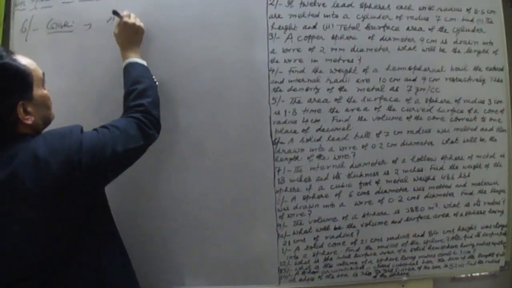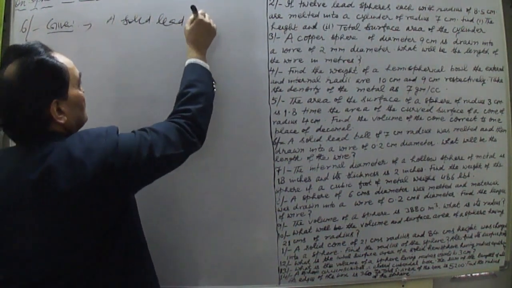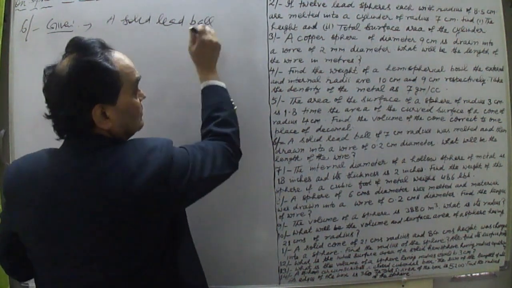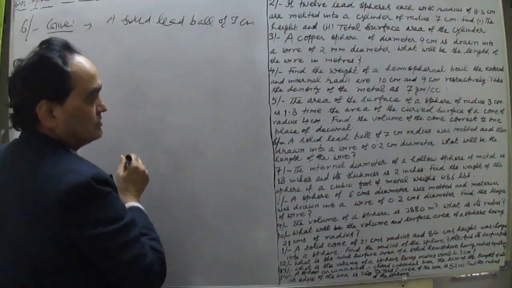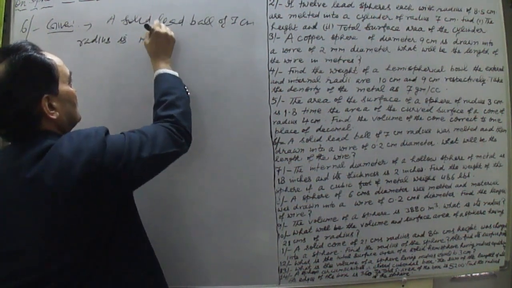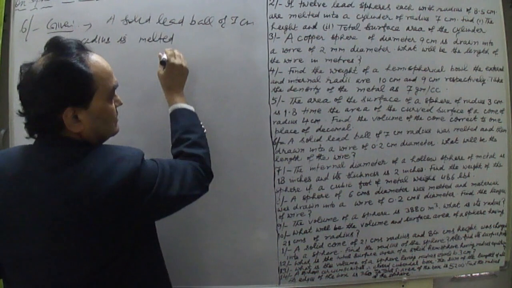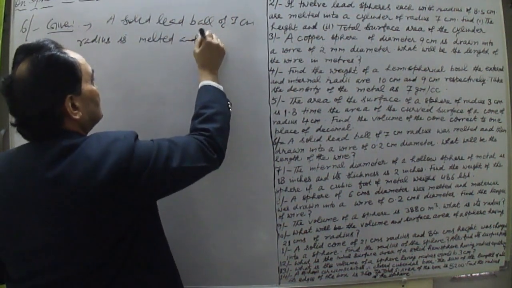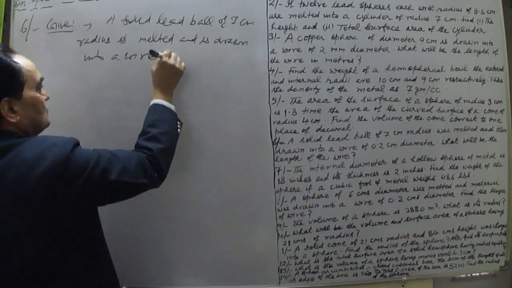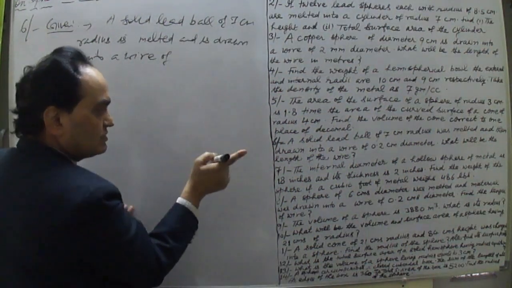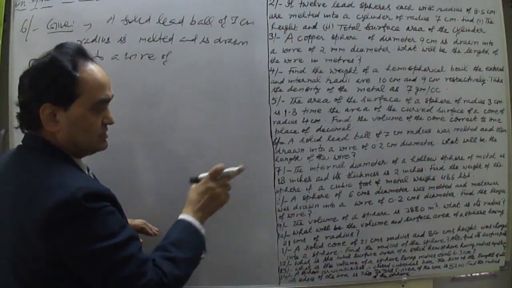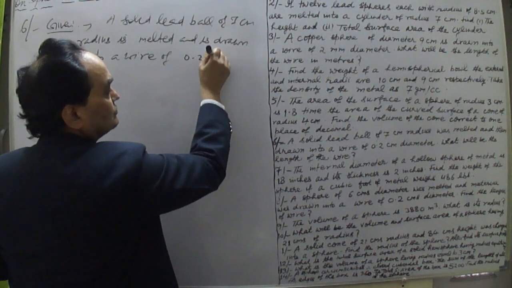A solid lead ball, a spherical lead ball, of 7 centimeter radius is melted and then drawn into a wire of diameter 0.2 centimeter. The ball radius was 7 centimeter, but here it is given the diameter of 0.2 centimeter.